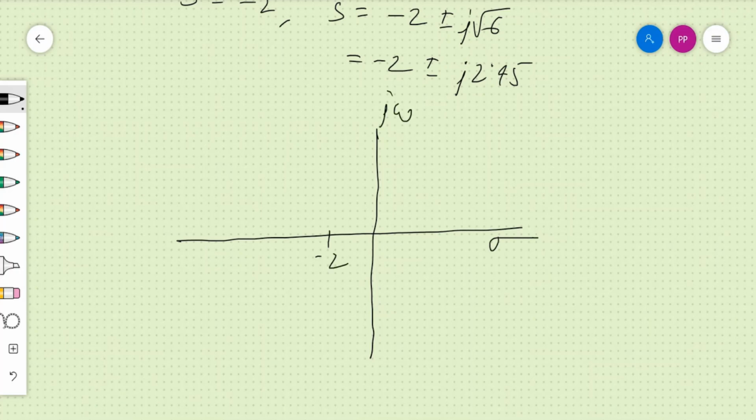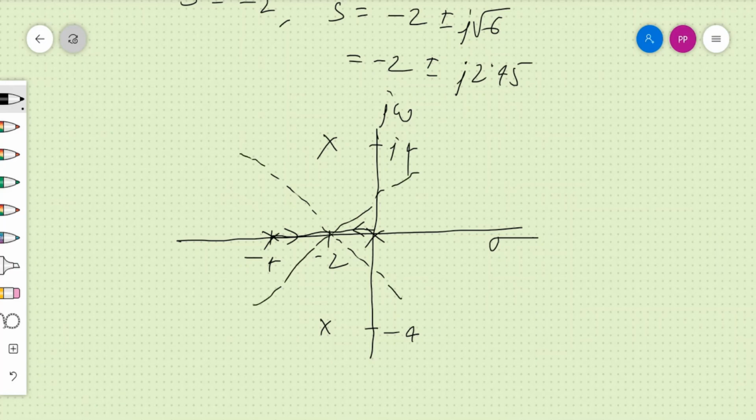Here we have -2, here we have -4, here we have j4, here you have -j4, and these are the roots of the open loop transfer function. Then we have drawn up to here. Both the roots are projecting here. We have taken that the asymptotic straight lines are here at 45 degrees each.